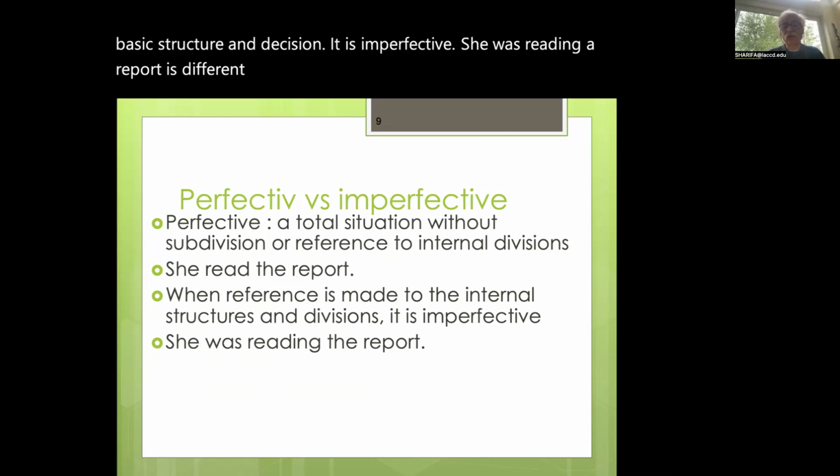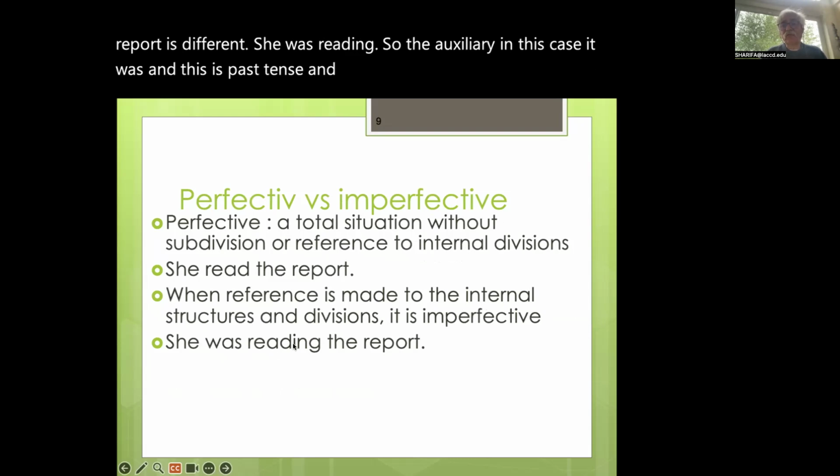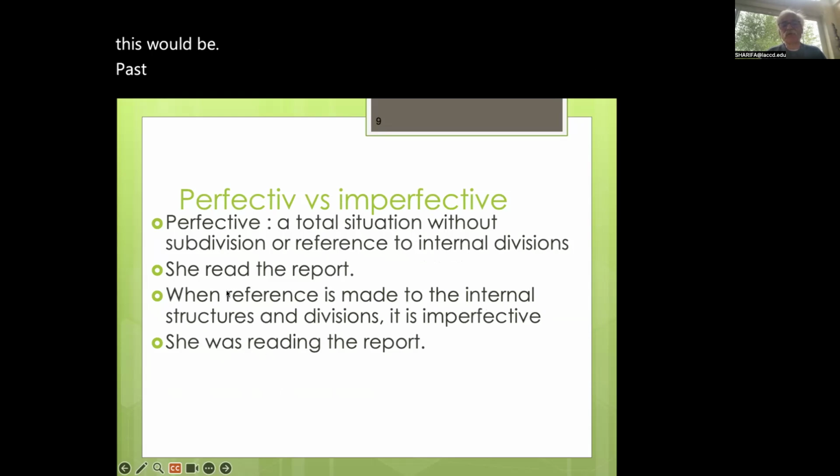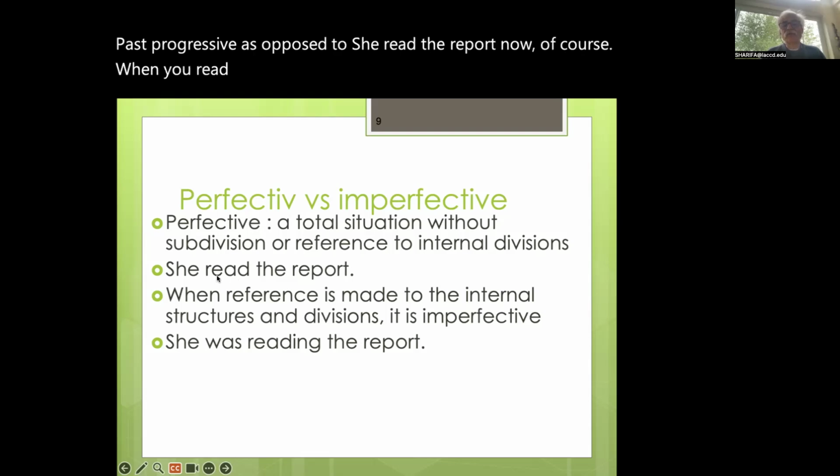She was reading. So the auxiliary in this case is was, and this is past tense. And because the verb ends in ing, then this would be past progressive, as opposed to she read the report. Now, of course, when you read this, you pronounce it as read, which is past tense.